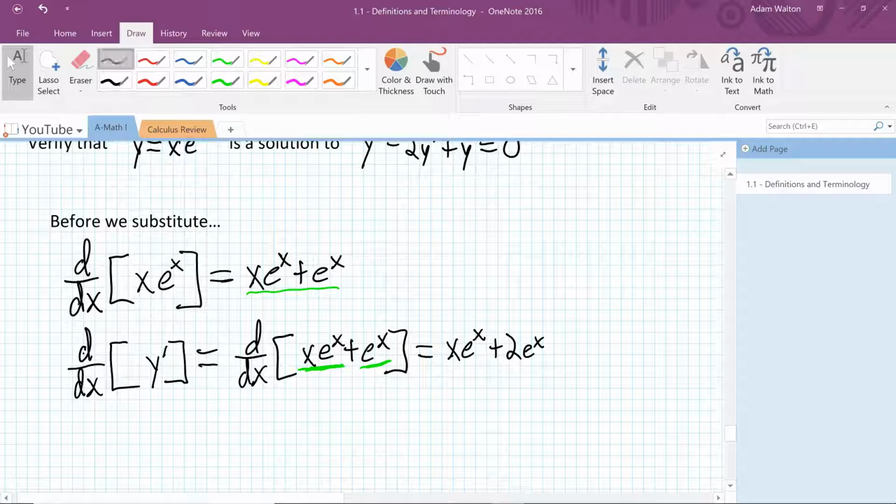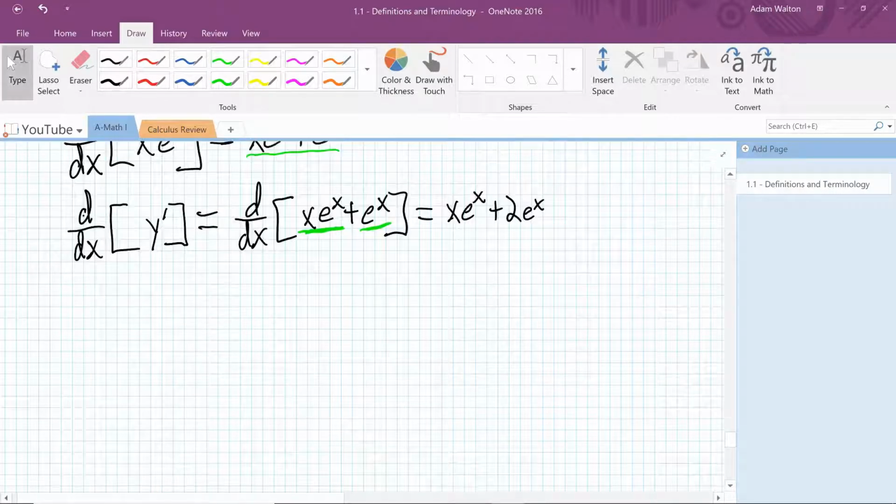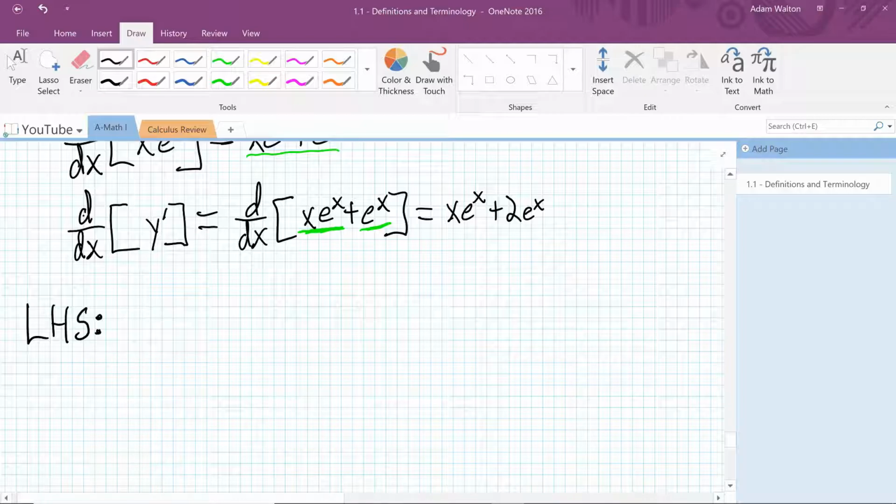So now that we did that, let's go ahead and do our substitution. So we have y double prime, so that's going to be our x e to the x plus 2 e to the x minus 2 times y prime.